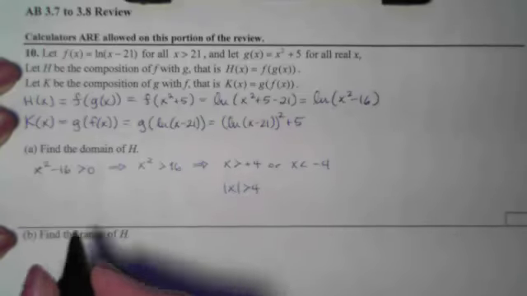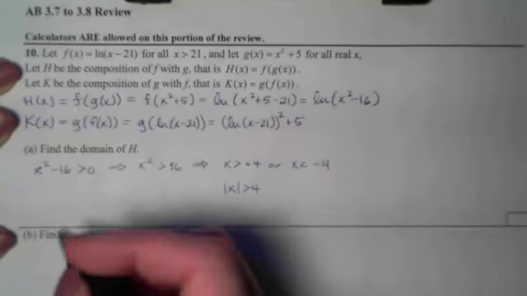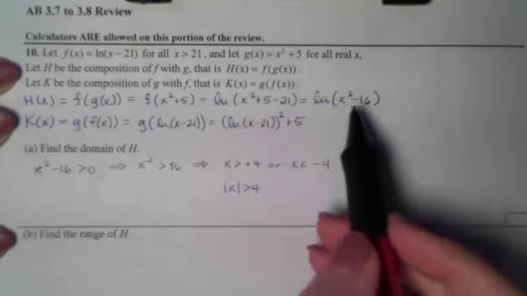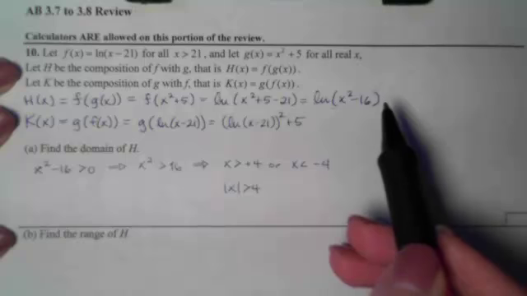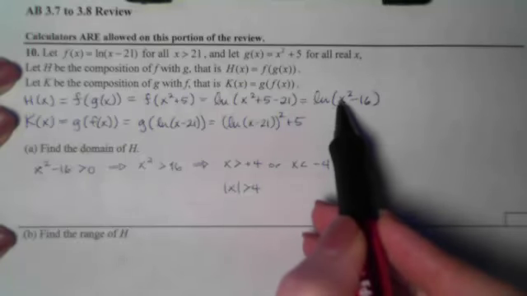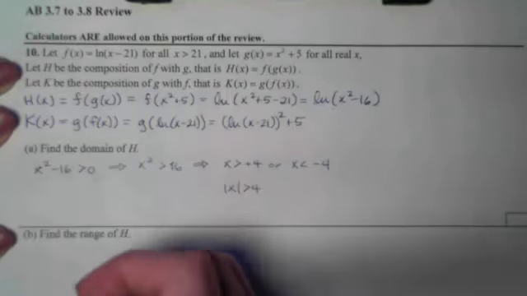The range of h requires you to know what happens when you have a log. Well, logs, if you recall, have vertical asymptotes whenever the inside of the log is getting closer and closer to 0. So the values of x that would create asymptotes on the graph would be positive 4 and negative 4.